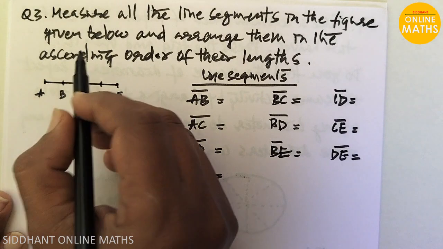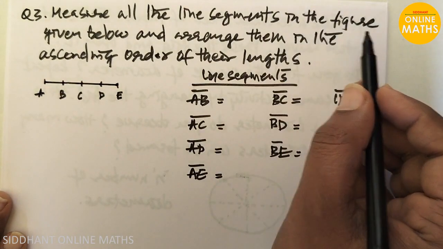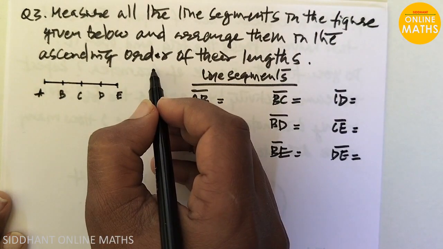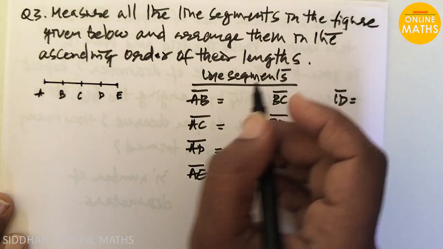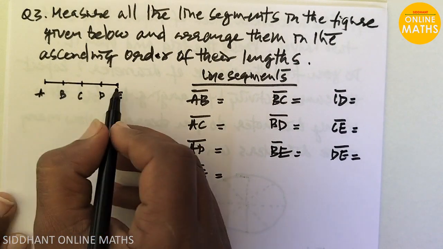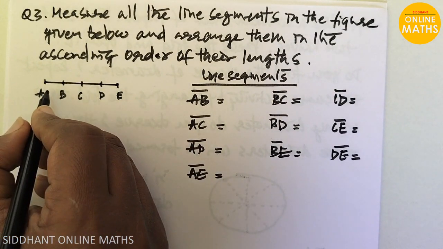Question number 3. Measure all the line segments in the figure given below and arrange them in the ascending order of their lengths. So we have taken the points A, B, C, D, E, and I joined them here, and the dimensions I have taken as 1 centimeter each.